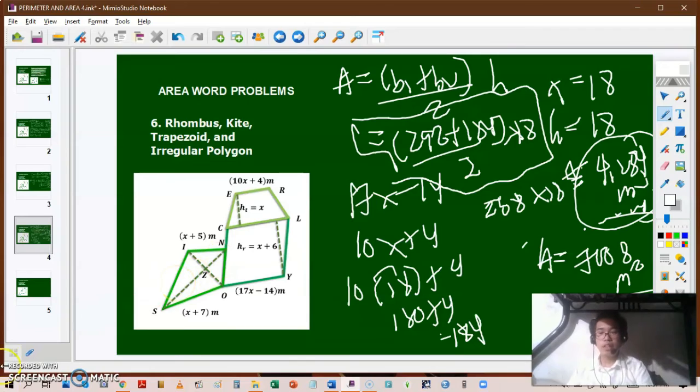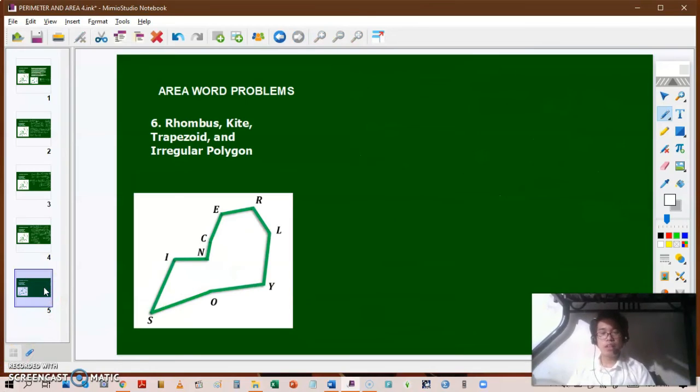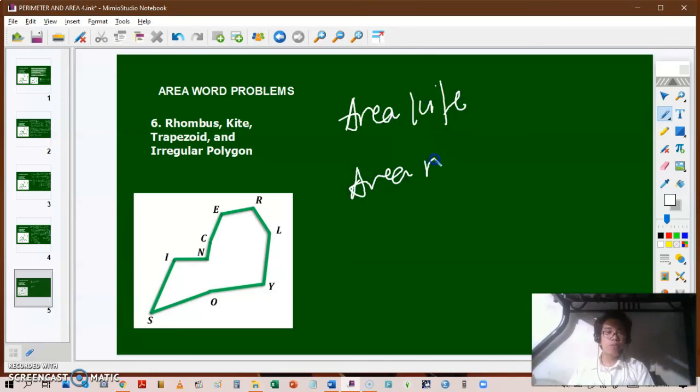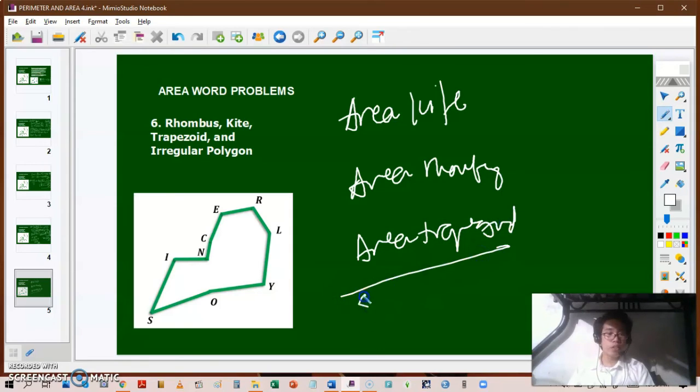Now to get the area of the entire irregular enneagon figure that we have here, we have to simply add the measurements of the area of the kite, the area of the rhombus, plus the area of the trapezoid, and we get the area of the irregular enneagon.